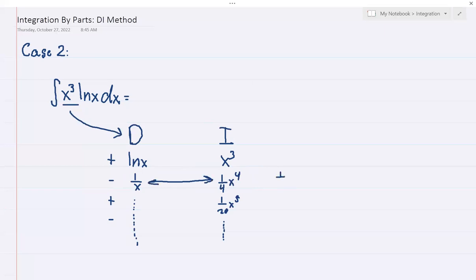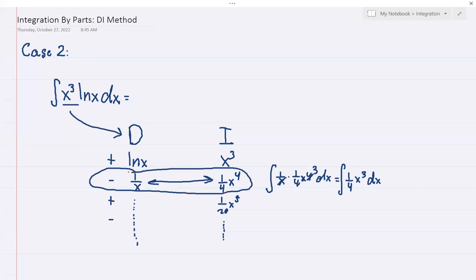If I multiply ln of x times 1/4 x raised to 4 and integrate it, obviously x will be cancelled, and this 4 will be reduced to 3. So I will have 1/4, the integral of 1/4 times x raised to 3 dx. So the answer is yes, you can integrate 1/4 x cubed. Therefore, if you believe that this row can be integrated, then you're going to stop right there.